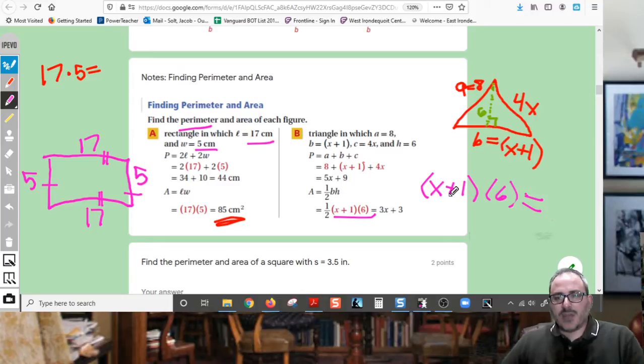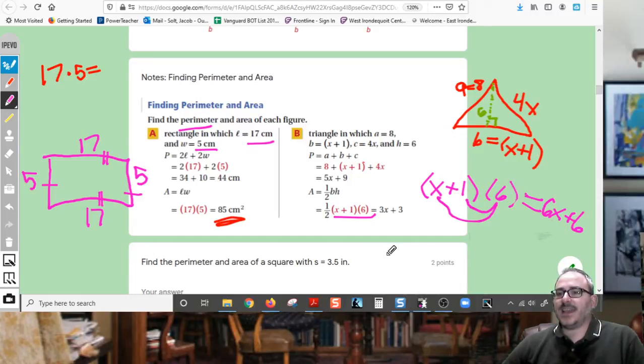This is an expression, and this is only the 15-minute bell, so it's going to be real short. So I can't just take 6 times x and do 6x. That is part of the answer there. 6 times x is 6x. But if I multiply 6 times x, I've got to also multiply 6 times 1, which gives me 6x plus 6, which is different than 6x plus 1.